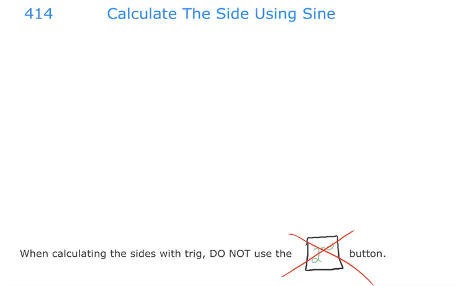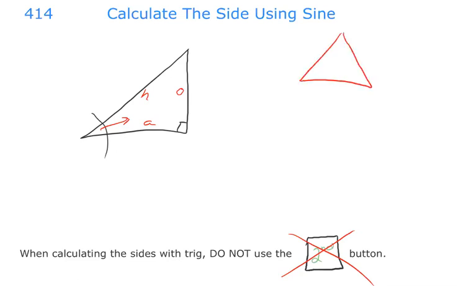What we're looking at is still naming parts of a triangle. If that is our angle and we're looking across, we are doing opposite, adjacent, and hypotenuse. For sine, SOH CAH TOA, sine is SOH, which means opposite over hypotenuse, and the sine of the angle goes on the bottom.